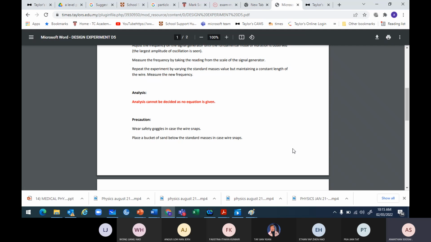By obtaining a straight line passing through the origin, where the gradient is equal to k squared, would enable us to validate the relation. That should be under analysis.